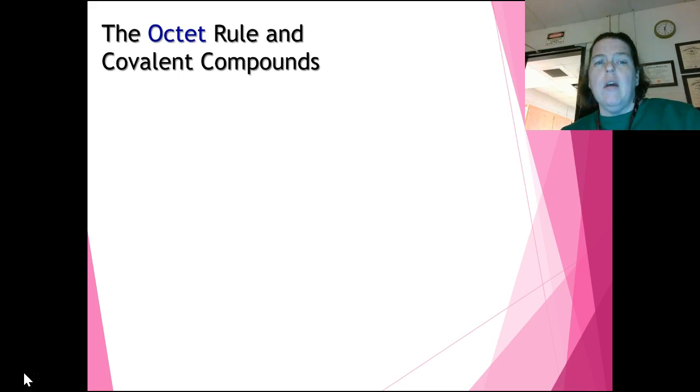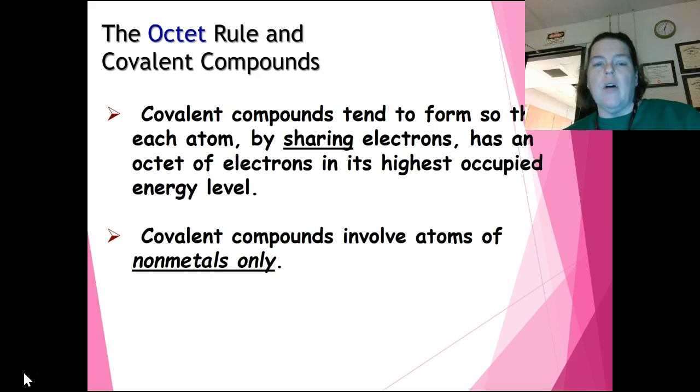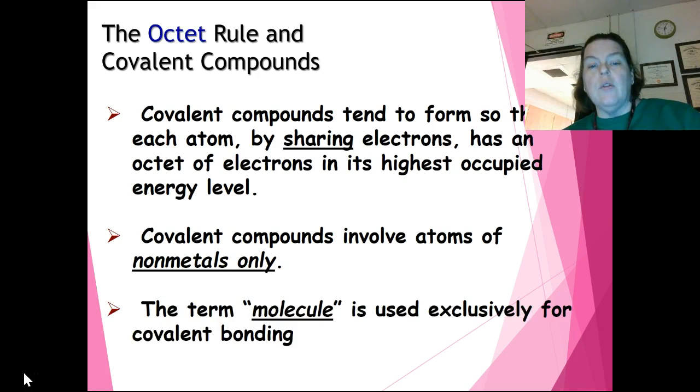So here we go. The octet rule in covalent compounds. Well, guess what? They still have to achieve an octet, but they're going to share to achieve an octet. So covalent compounds involve atoms of nonmetals only, because we have to have substances that really like electrons. So the term molecule is used exclusively for covalent bonds.